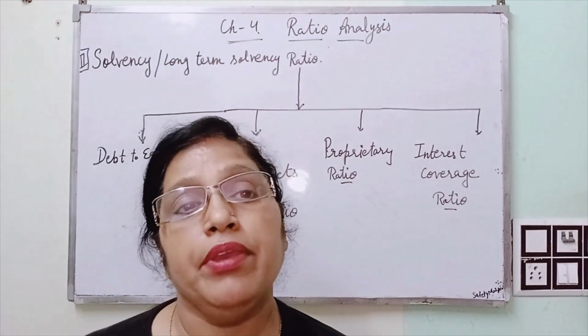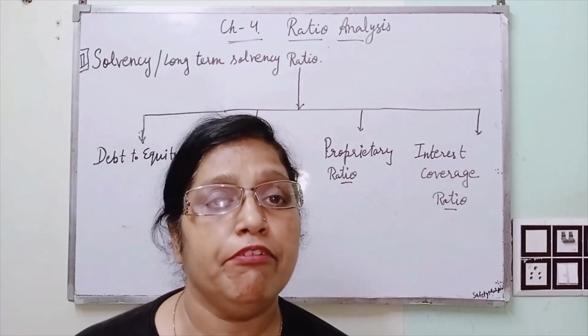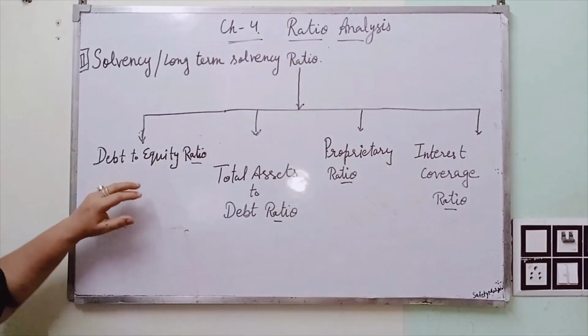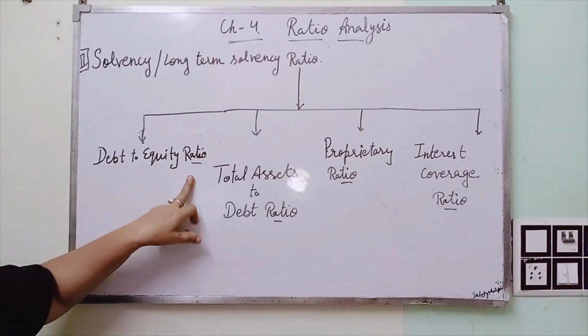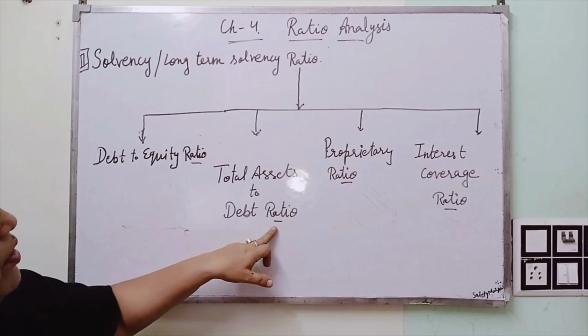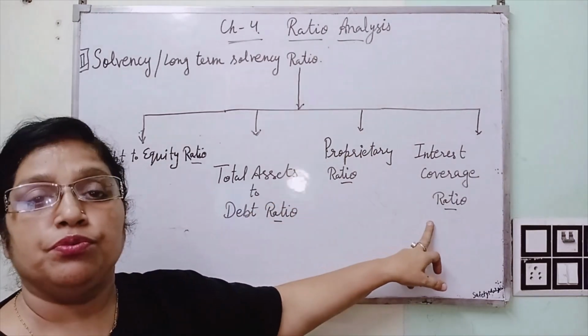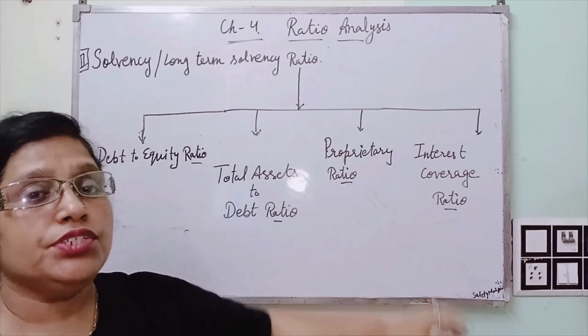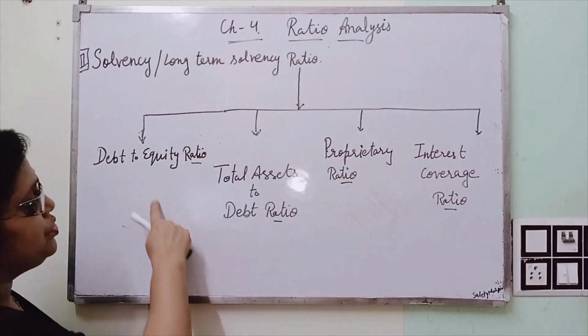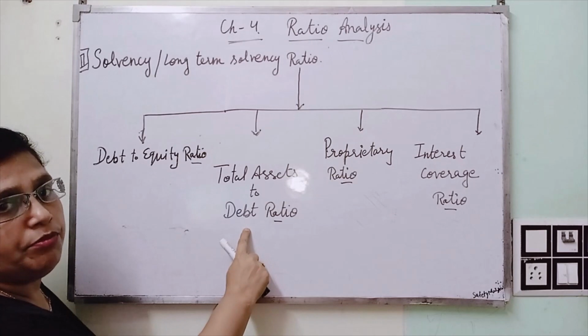Solvency ratio can be calculated in four different ways. They are: first is debt to equity ratio, total assets to debt ratio, proprietary ratio, interest coverage ratio. So now in this video, we will discuss these two ratios in brief.